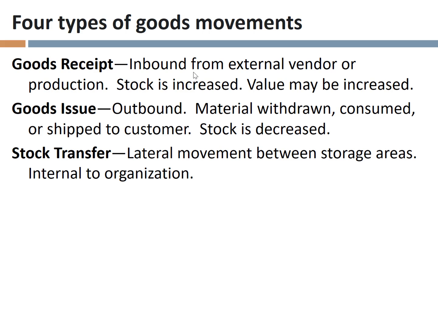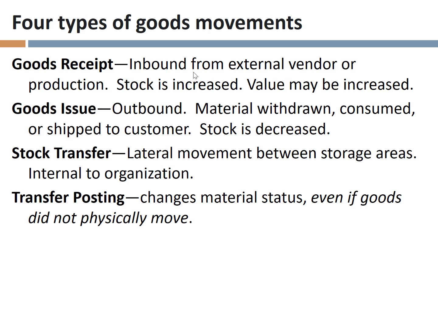It's not that unusual in an organization for one part of the organization to pay another part of the organization for things like this. So if we're moving stuff around in-house, the stock transfer is the mechanism that we use to do that. Now, a transfer posting is a very interesting kind of goods movement.